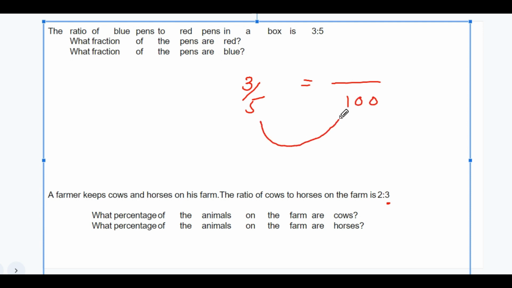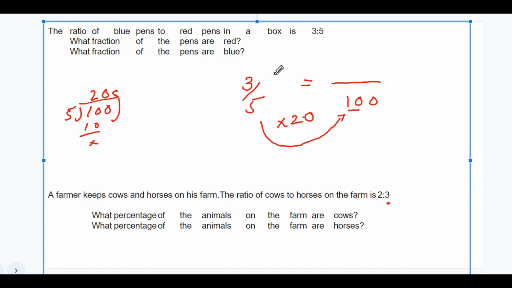So by which number do you multiply 5 to get 100? If you don't understand, you simply divide 100 by 5. Look, 5 times 2 is 10, and this 0 will go up. So it means 5 times 20 gives you 100.